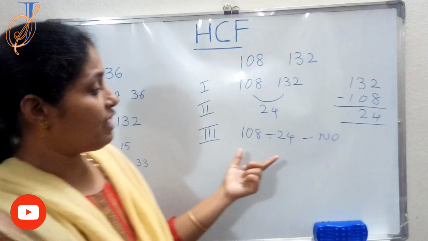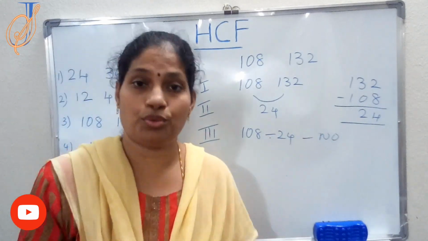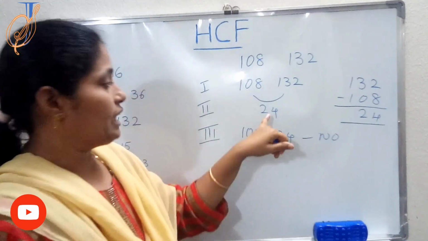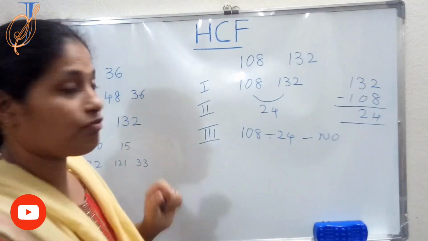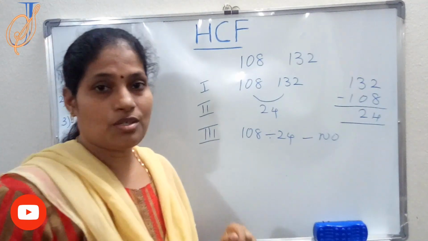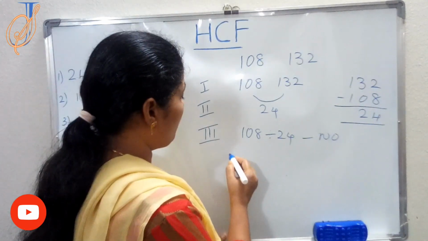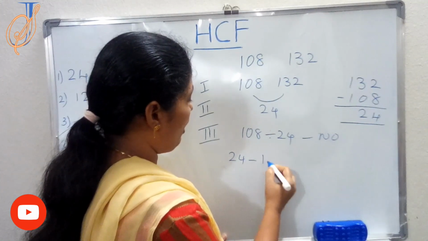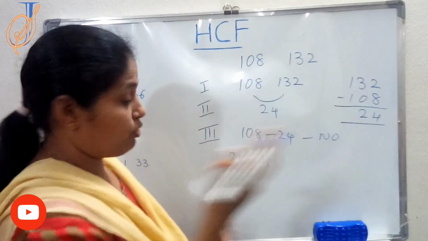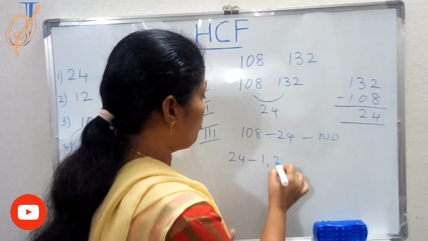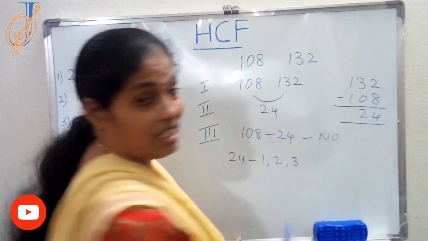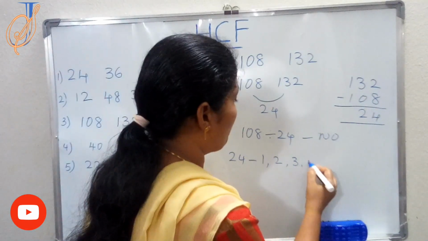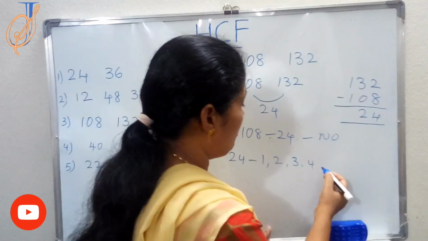So if not divisible by this number, what do you have to do? You have to find the factors of this difference. What is the difference? The number 24. You have to find the factors of 24. What are the factors of 24? 1 times 24 is 24. 2 times 12 is 24. 3 times 8 is 24. 4 times 6 is 24.